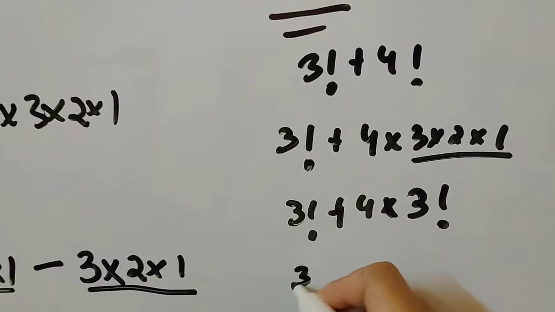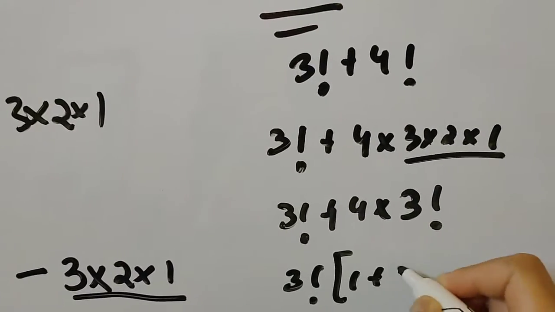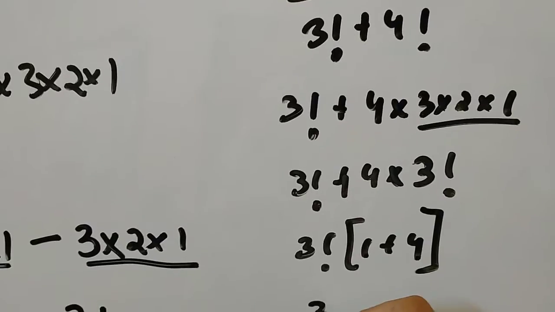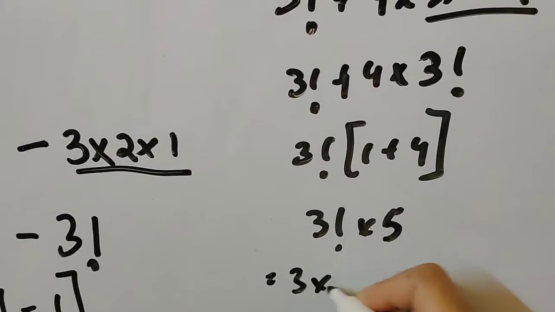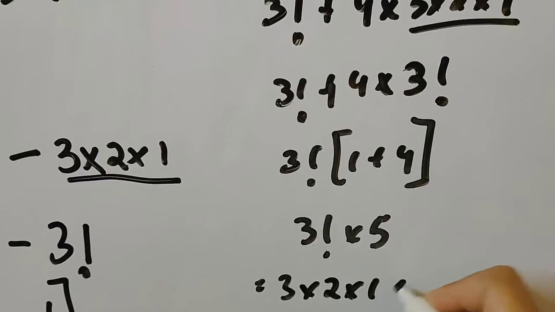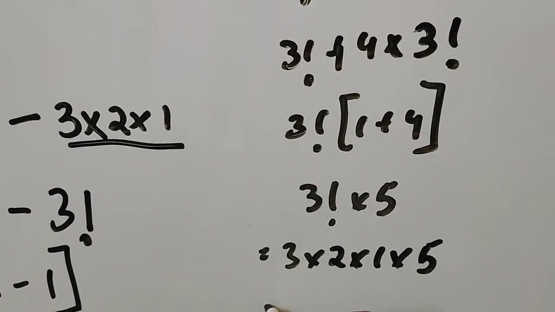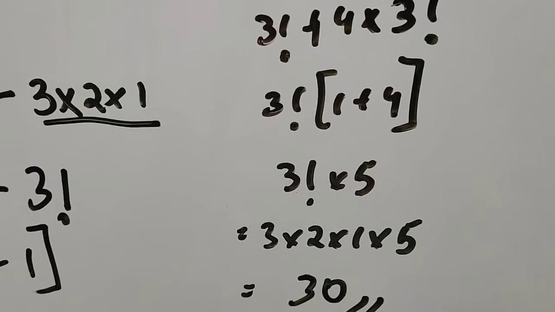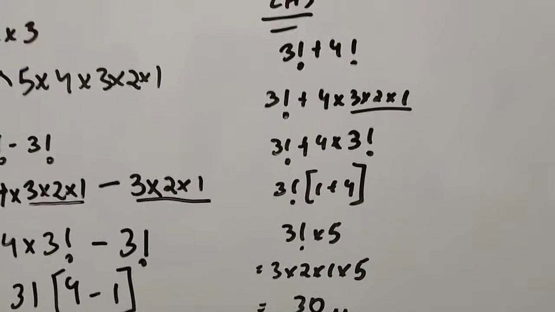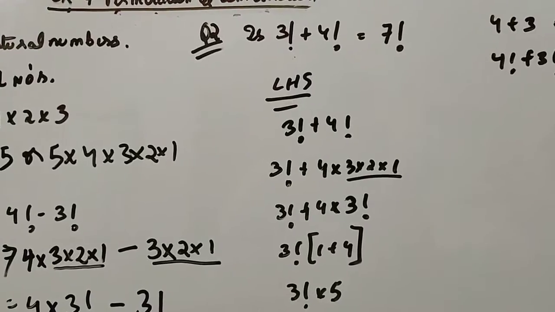Taking 3 factorial common, you get 1 plus 4, so 3 factorial into 5. Evaluate this: 3 into 2 into 1 into 5. 3 2s are 6, 5 6s are 30. I hope this is clear to you.